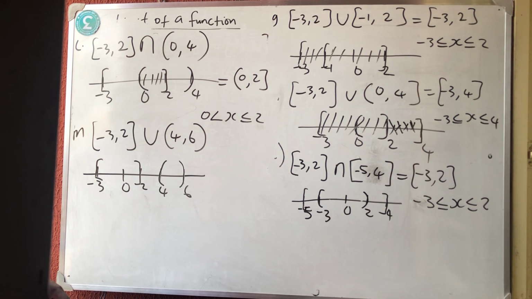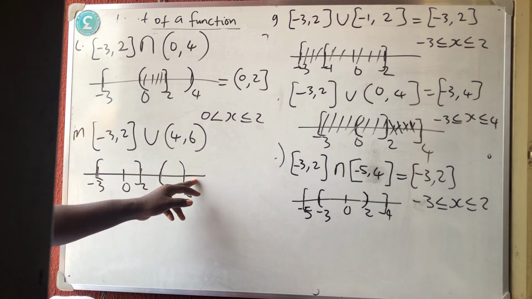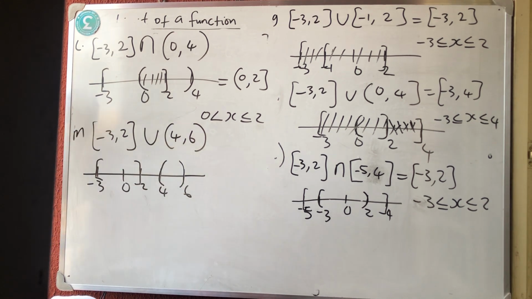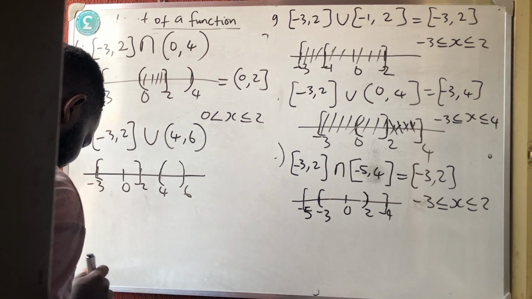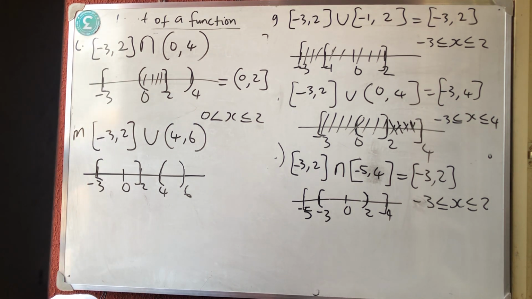So how do we bring them together? Bringing them together will not work in a way, because 4 is not involved. And if we take from here to here, we'll still pick 4 inside it. So what do you think will be the answer to that? They are disjoint.